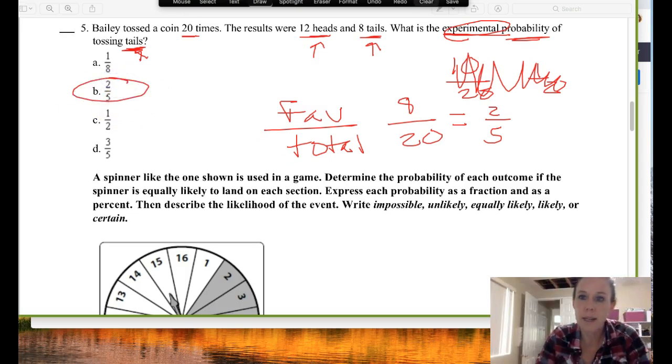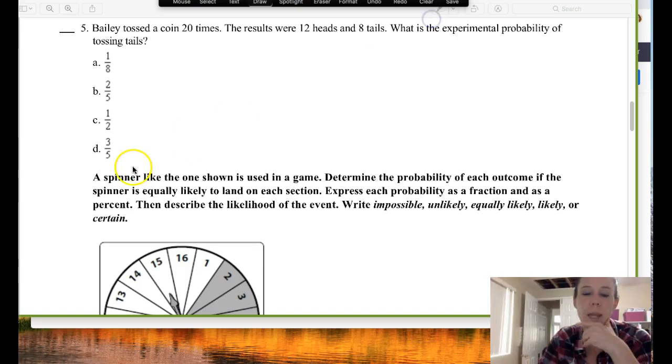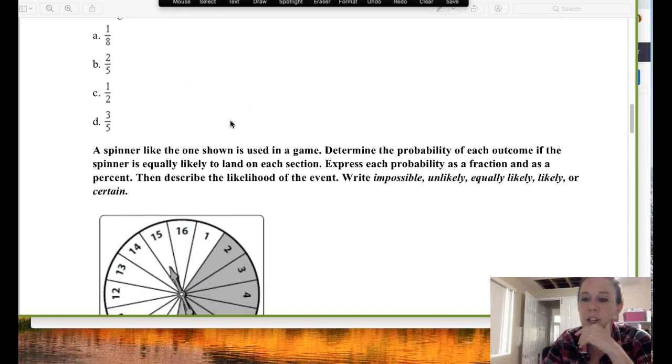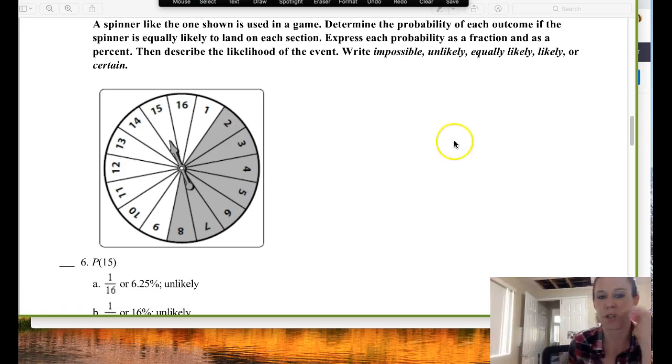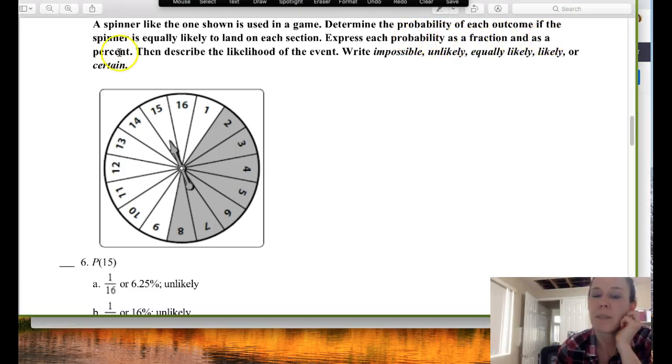All right, let's look at the next one. A spinner like the one shown is used in a game. Determine the probability of each outcome if the spinner is equally likely to land on each section. Okay, so I spin it, it's not leaning to one side or another, it can land equally on either of these sections. So if you played a board game, express each probability as a fraction and as a percent.